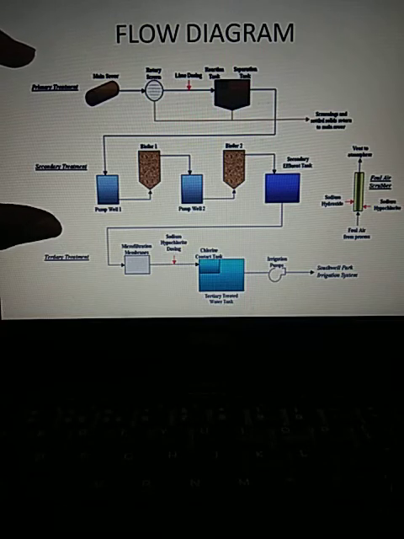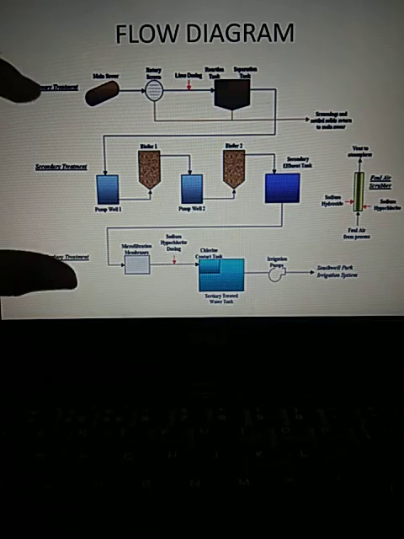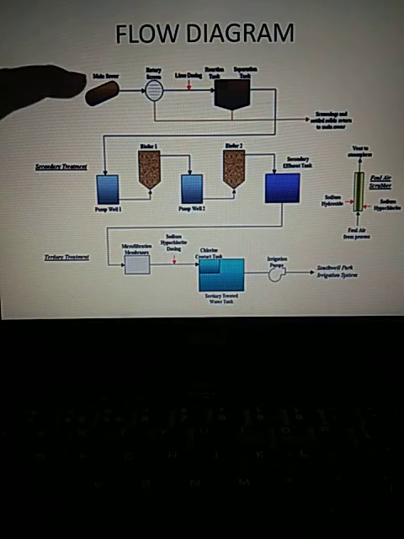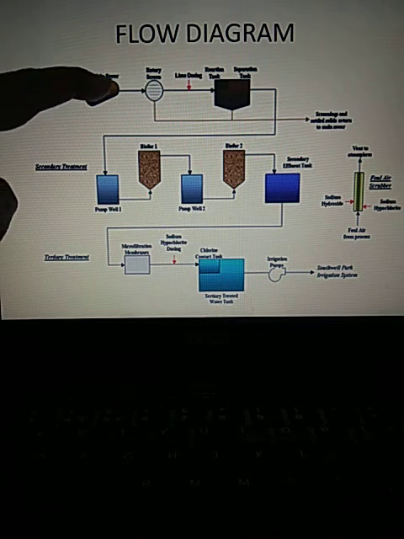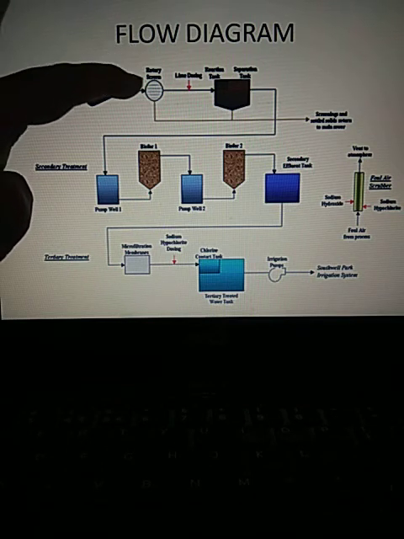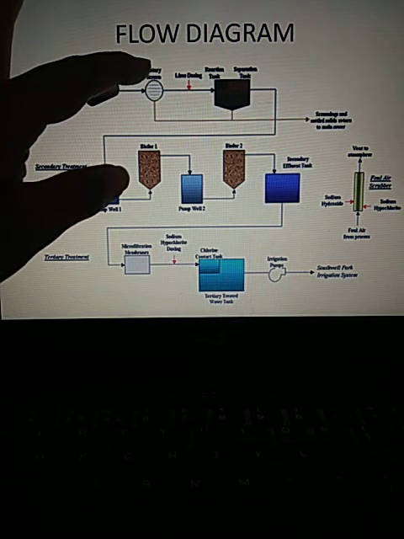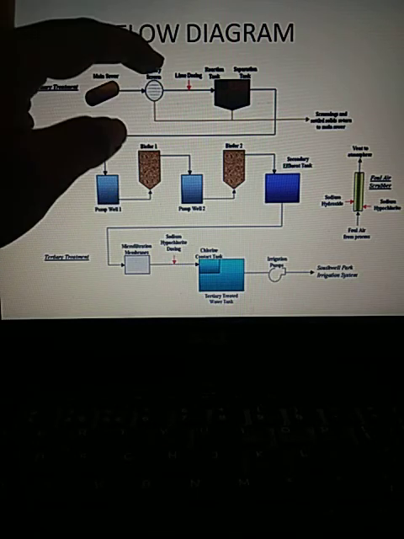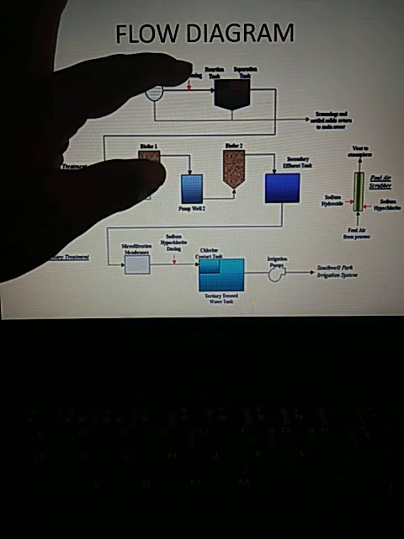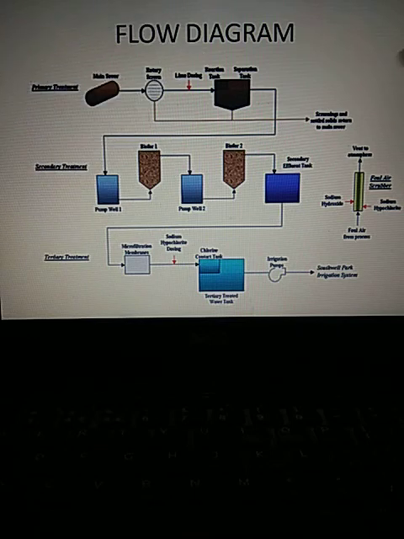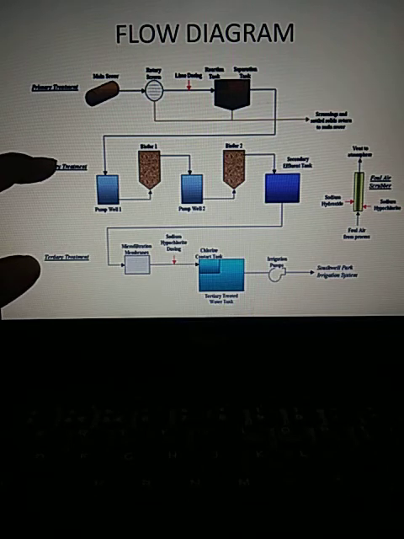Every area is connected to each other. First the product moves into the main sieve, then the rotary sieves, and lime dosing, and finally the output from this side reaches the secondary treatment.